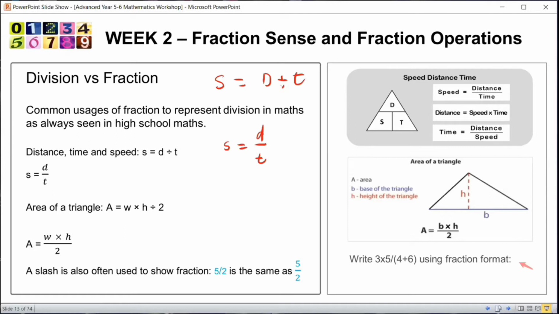If we change it into fraction format, we'll write 3 times 5, and we'll write that over 4 plus 6. So that becomes 15 out of 10. That's how you would do it. So that's the example. Now, let's have a look at the next bit.